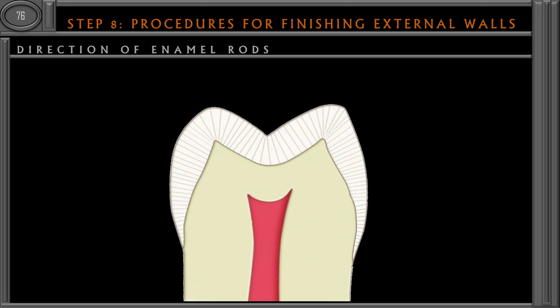The direction of the enamel rods. It is very important that we understand the direction of the enamel rods. The enamel rod directions are not the same. If you are looking at the proximal surface, the rods will face towards the occlusal surface in the occlusal third, in the middle third they will face almost horizontally, and towards the apical part the enamel rods will face towards the gingiva.